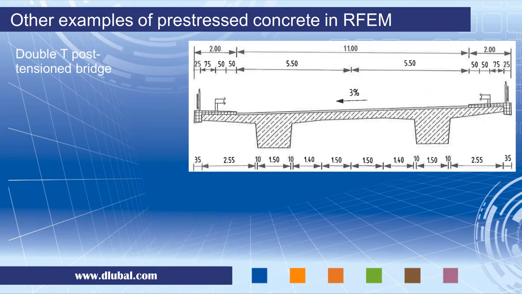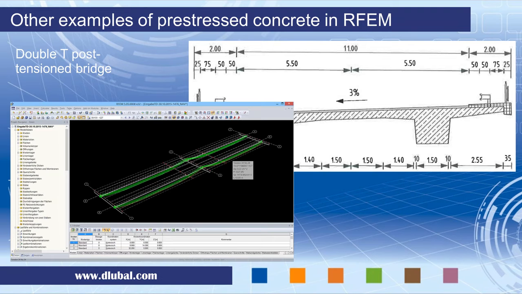Another example, actually Adrian Langhammer's input, is a double T post-tensioned bridge. This was from a German report whose name I do not remember, but Adrian can tell us. This double T post-tensioned bridge was modeled in RFEM as two independent beams linked together by an orthotropic slab.